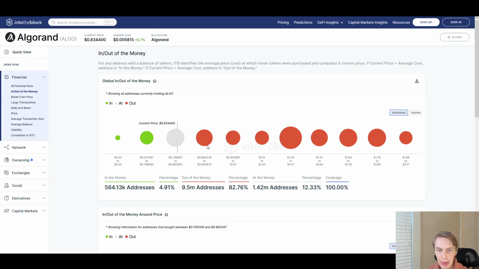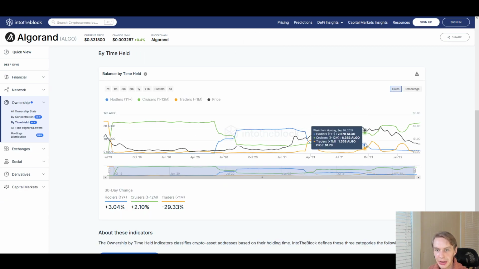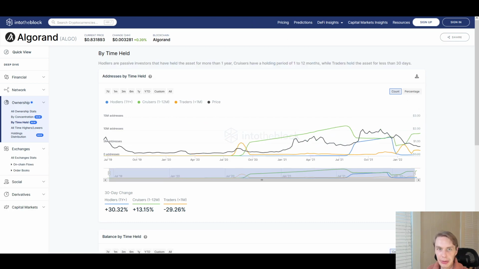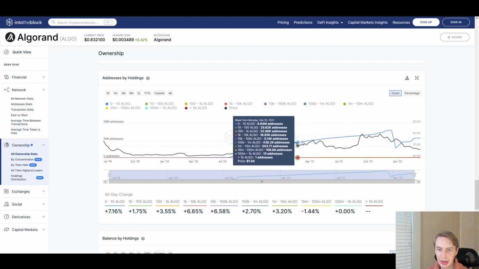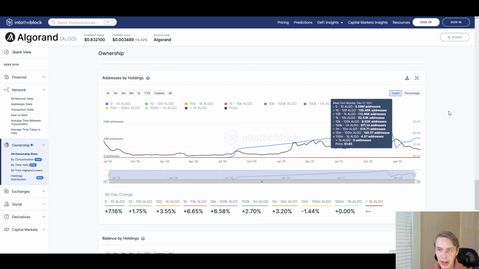Then from an on-chain perspective, I'm seeing a lot of people out of the money, which is concerning. And then also, I'm going to hope for the more macro to see a stronger core of hodlers form. And then really with the number of active addresses and some of these indicators, I think these are misleading because I think these have been a bit manipulated by whales.